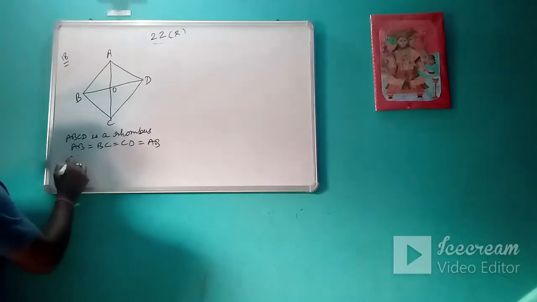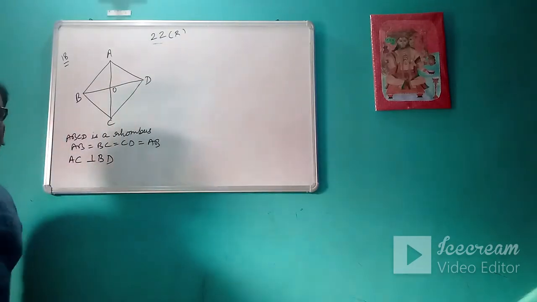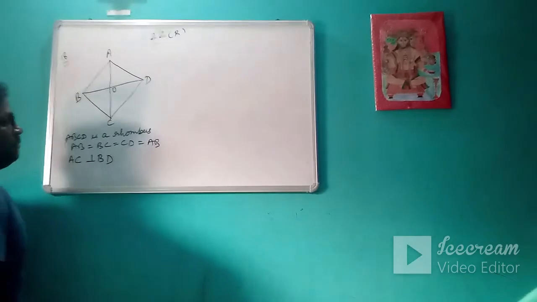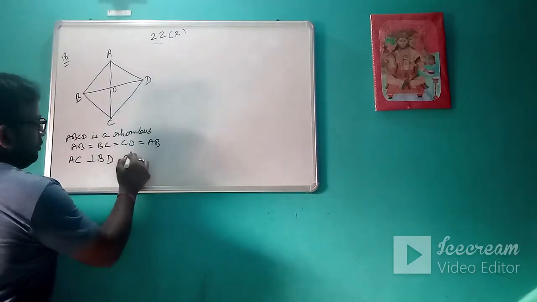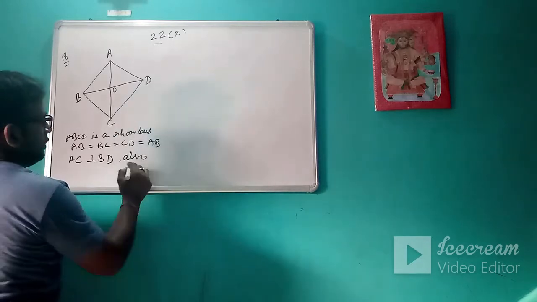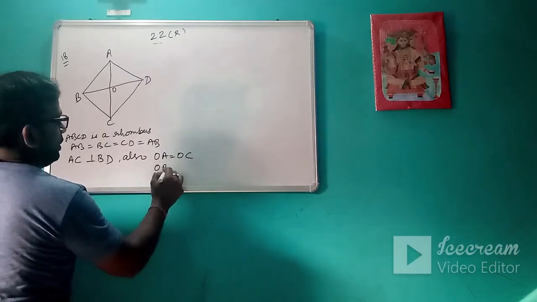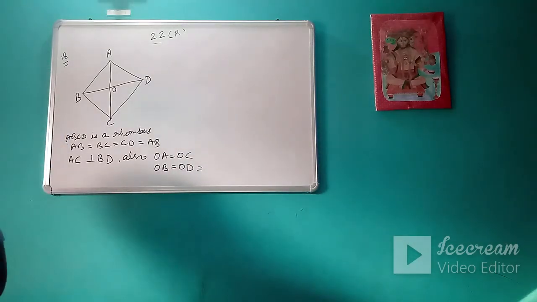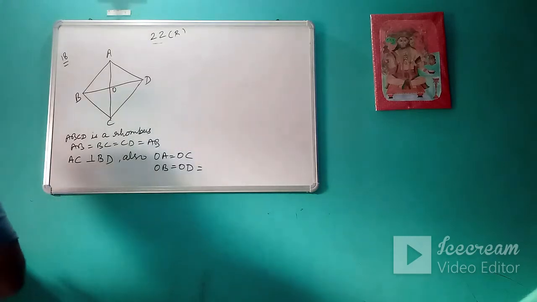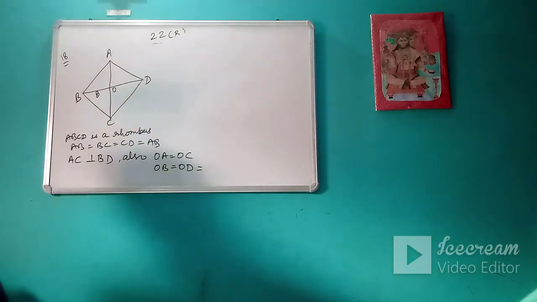Also we know that AC will be perpendicular to BD, because in a rhombus the diagonals are perpendicular bisectors. So also OA will be equal to OC and OB will be equal to OD. And OB is given as 8 centimeters.